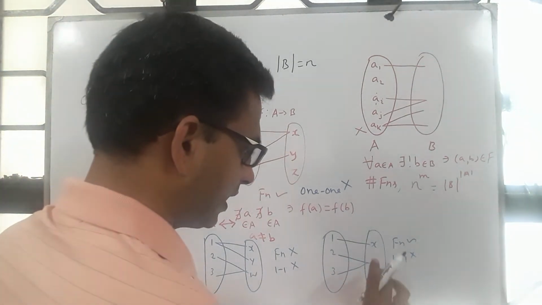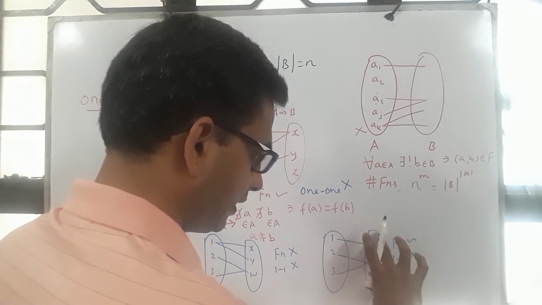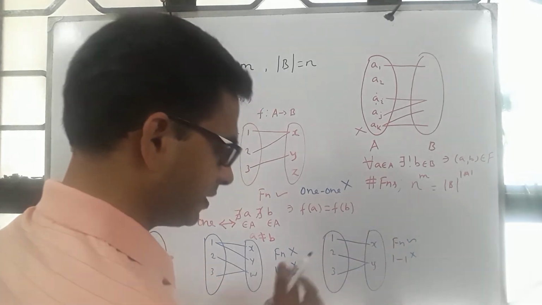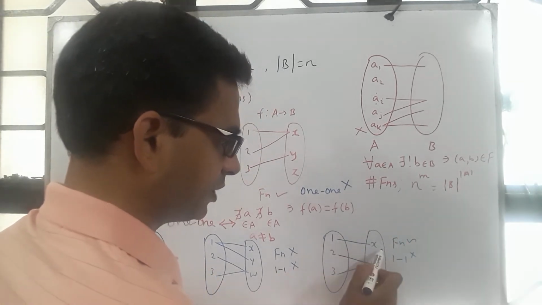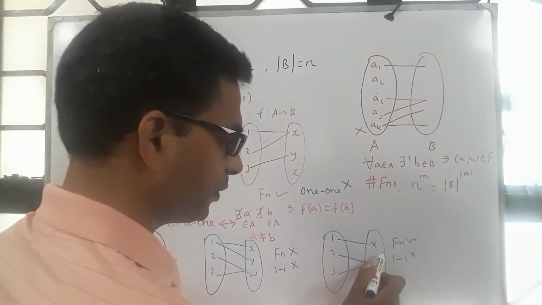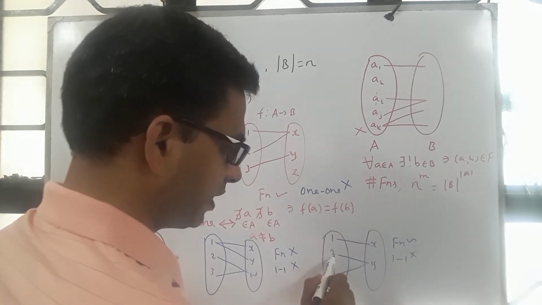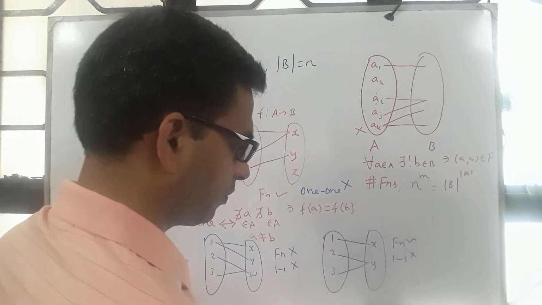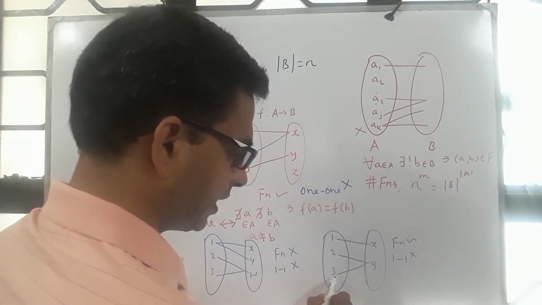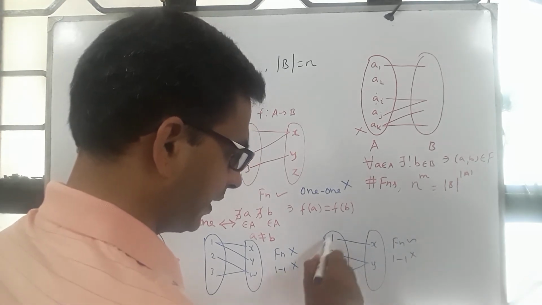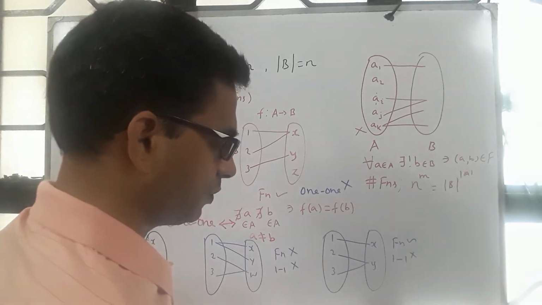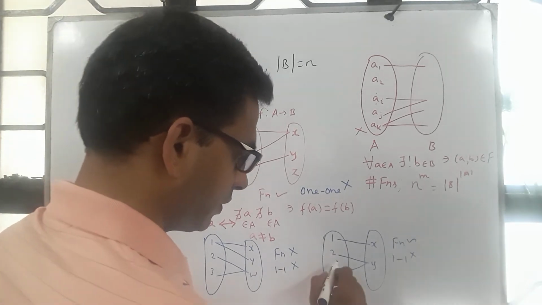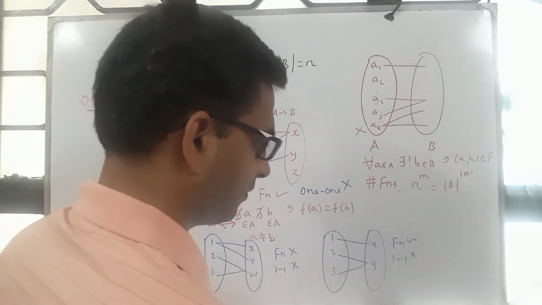That shows that the cardinality of this should be at least this. For each of them, I should have one unique element, and 2 cannot be mapped to where 1 is mapped to. Similarly, 3 cannot be mapped to the element to which 1 or 2 is mapped to. So each of them, their image must be different.